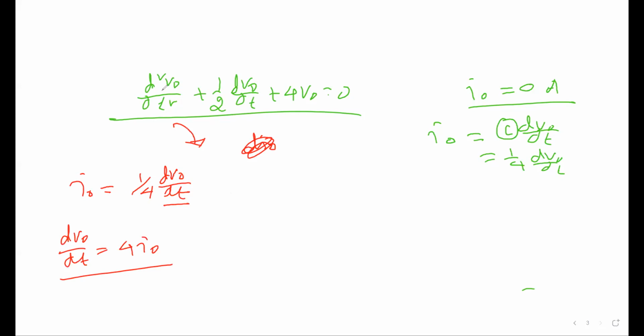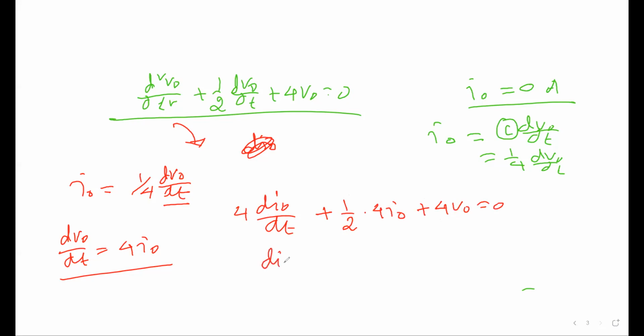Then can't we write this equation in this way: 4 into dI0 divided by dt plus 1 divided by 4 into half into 4I0 plus 4V0 equal to 0. Then you will have two equations there.